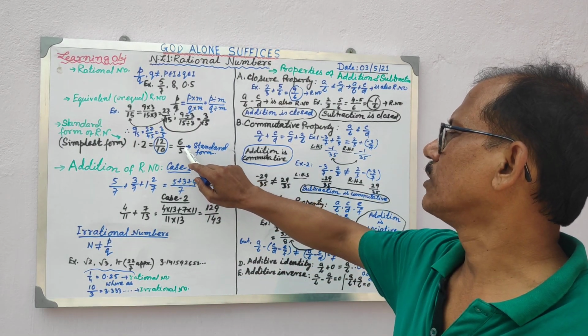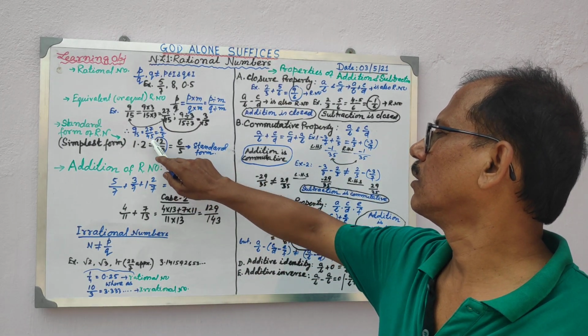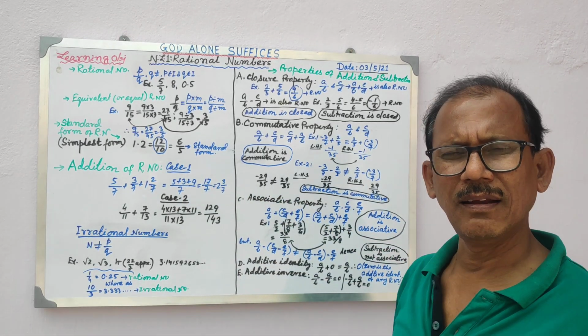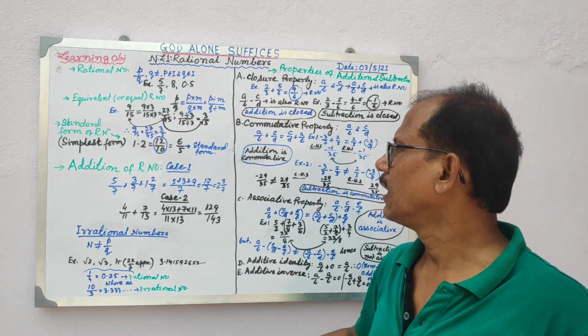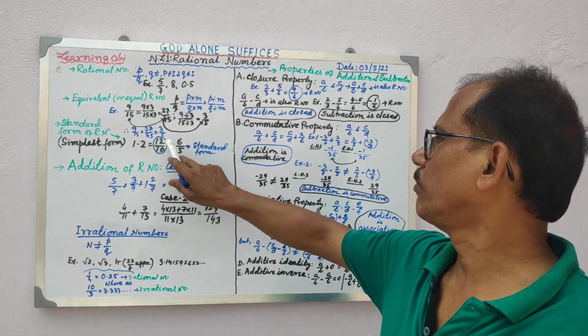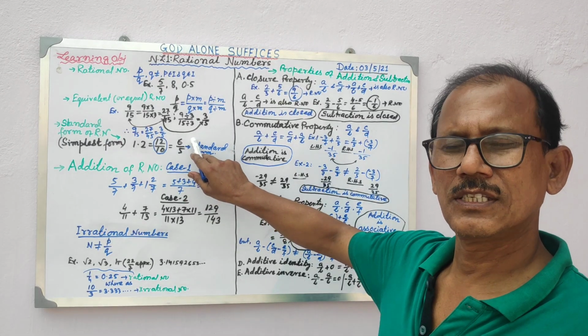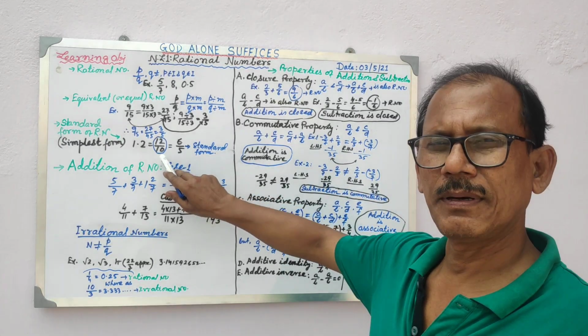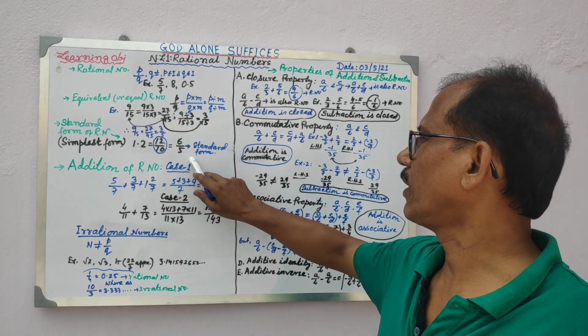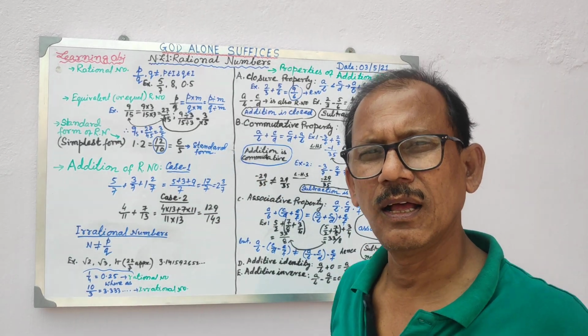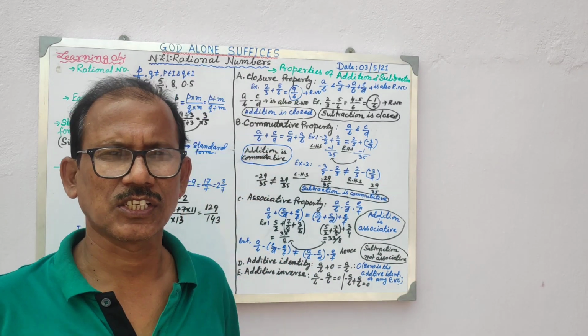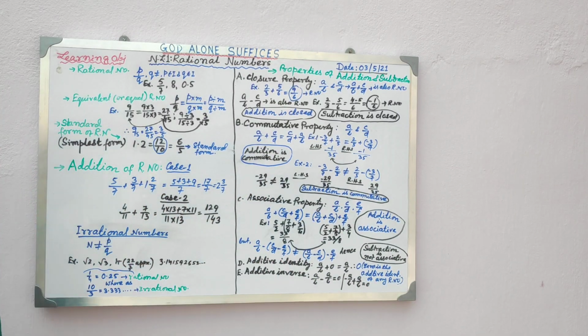That means it will be 6 by 5. In these two numbers 12 and 10, the HCF will obviously be 2. So you divide 12 by 2, it becomes 6. Divide 10 by 2, it becomes 5. So 6 by 5 will be the standard form, which is called the simplest form of a fraction, that is called the standard form of a rational number.